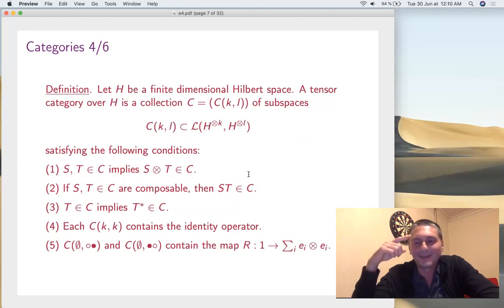So here are now the complete axioms for the tensor categories, those that we will use. We take a finite dimensional Hilbert space H, not necessarily with a basis. A tensor category over H is a collection of subspaces like this, which satisfies, so it's a tensor star category.